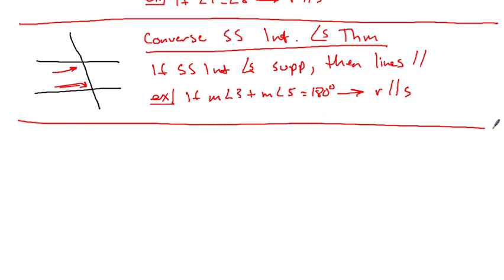All right, so last one, our same side exterior angles. So we'll draw a picture, two lines, transversal, and we're going to mark our same side exterior angles.